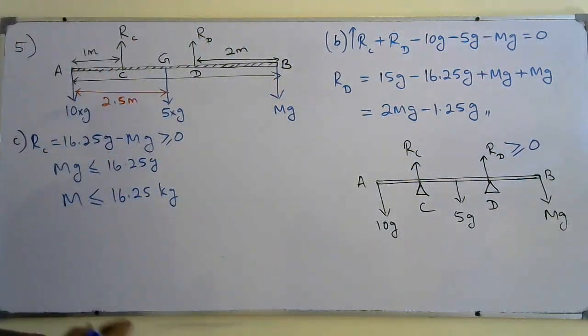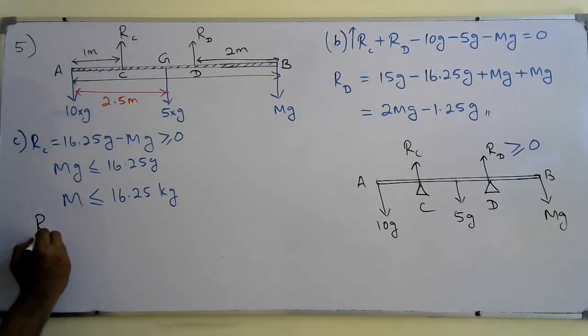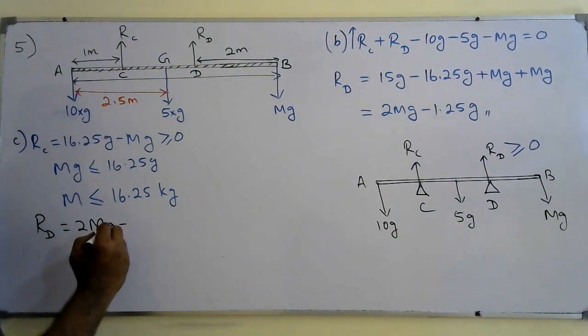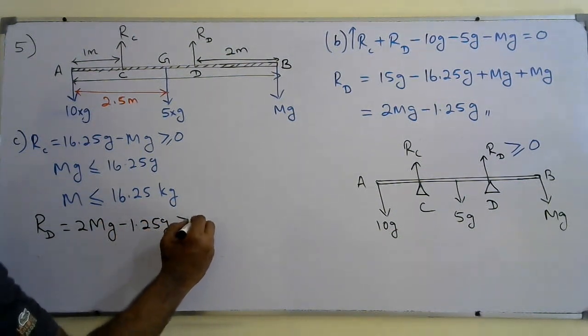That means Rd must be greater than or equal to 0, so we can say Rd is equal to 2mg minus 1.25g, and that it should be greater than 0.